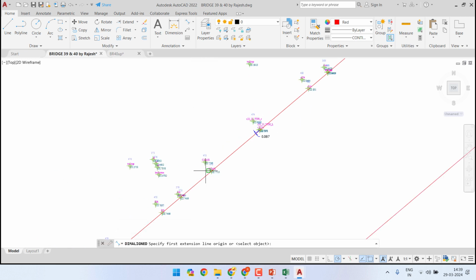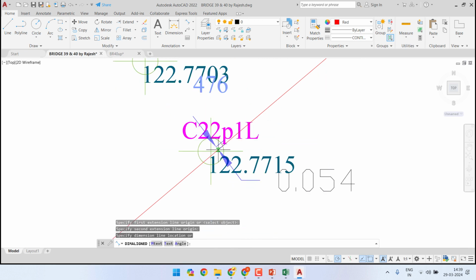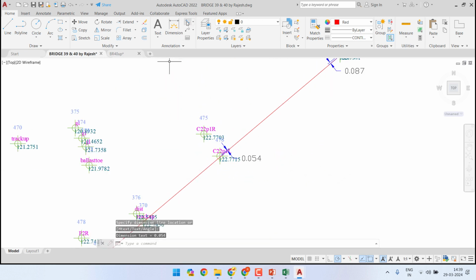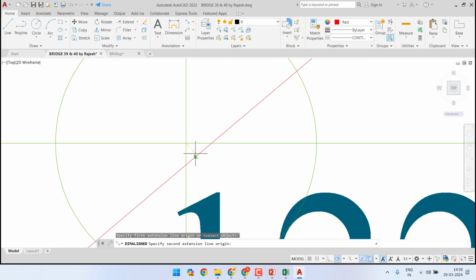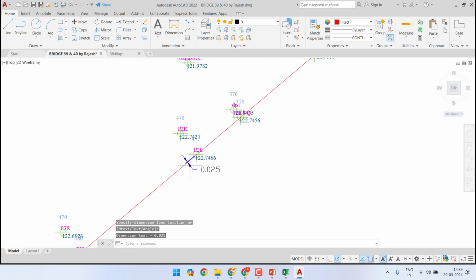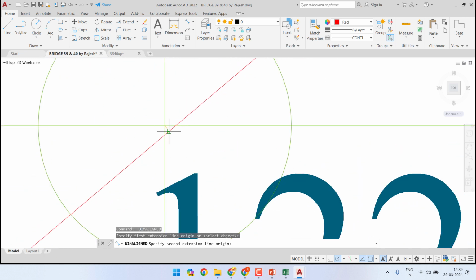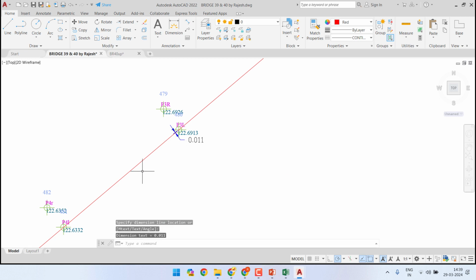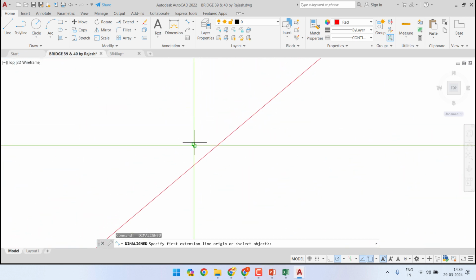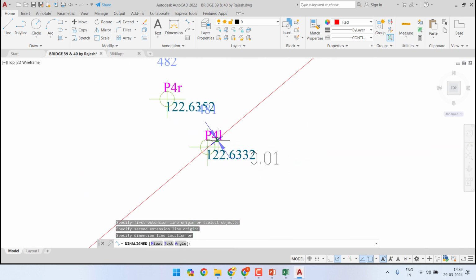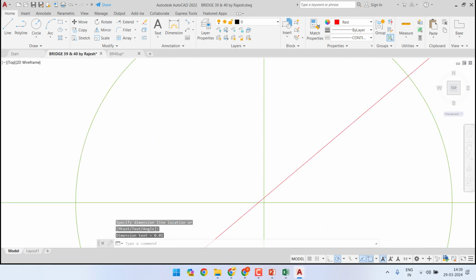Likewise, we can find this is +1, the error is 54 mm, +2, error is 25 mm, +3, error is much smaller, 11 mm, +4, error is 10 mm, +5.